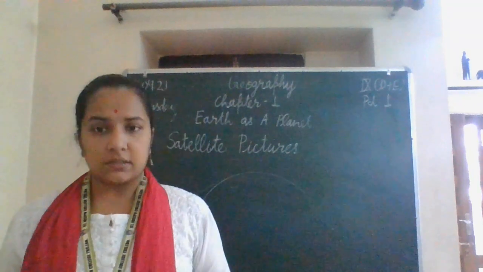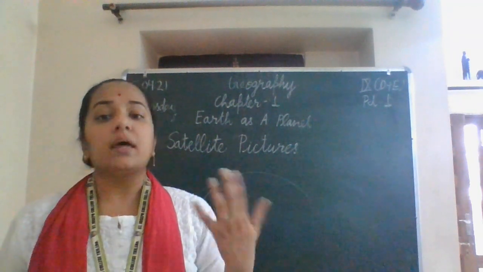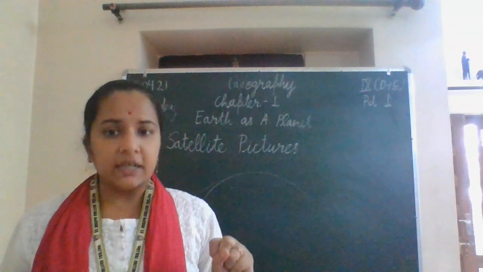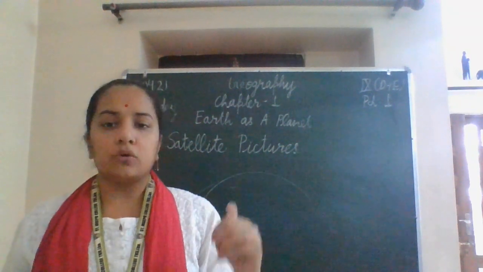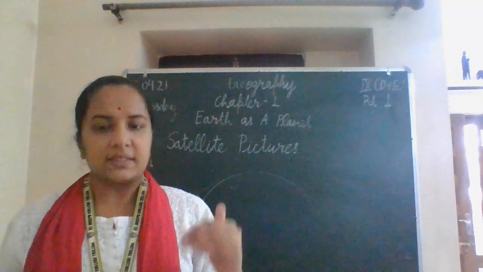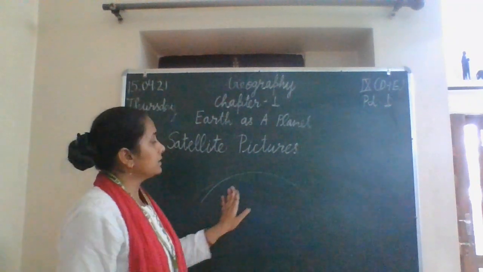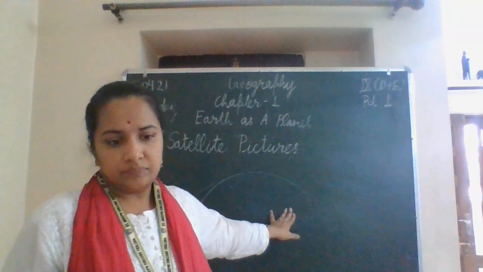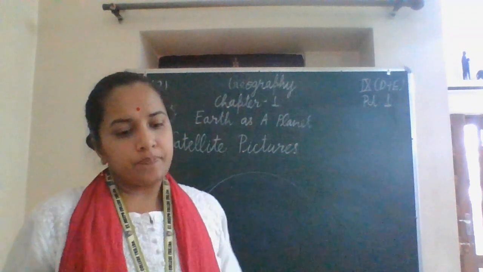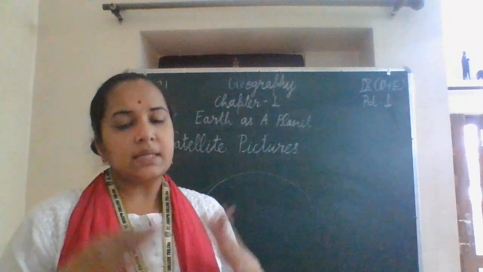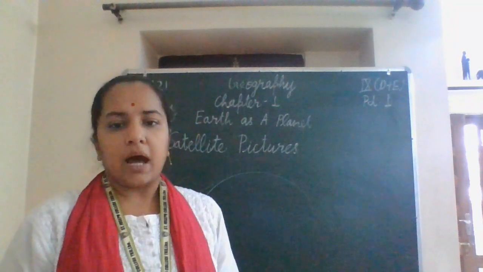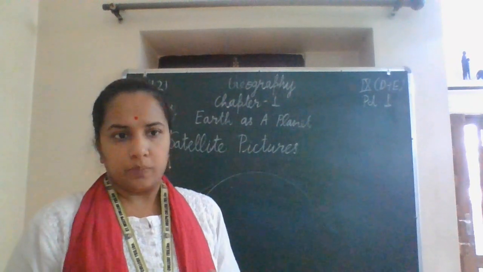Because of the size of the earth and the size of the moon. Since the earth is bigger, we cannot have the complete shadow. But whatever shadow is on the surface of the moon is in the shape of an arc.